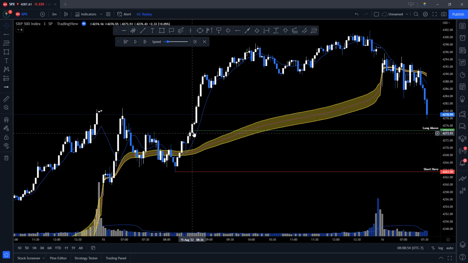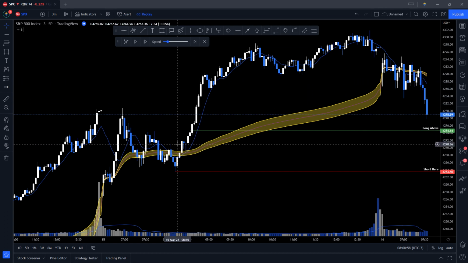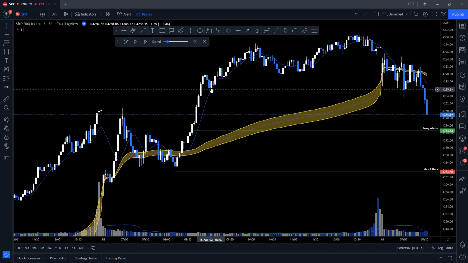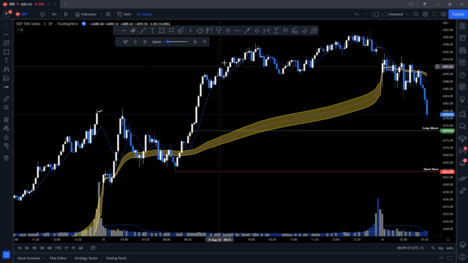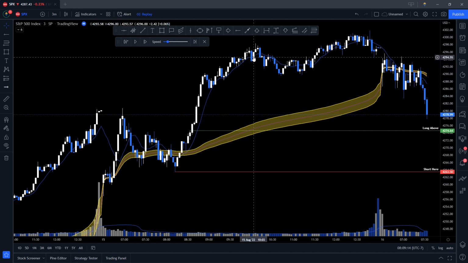And so you can see, once this triggers, it's a pretty easy run straight up. When you do take these plays, your stop loss is going to be a candle closing below the 9 EMA. So technically, if you took this entry here, you could play this all the way up, because we don't get a close below the 9 EMA until right here.